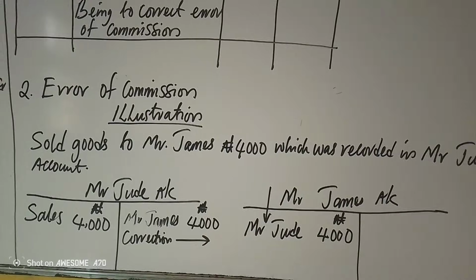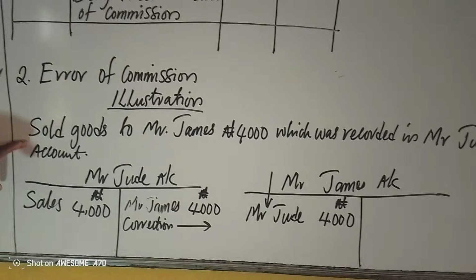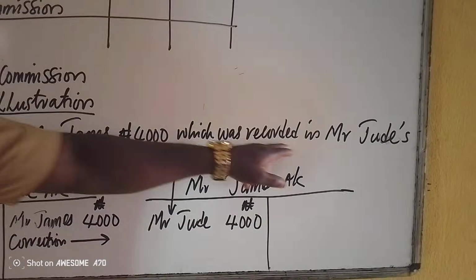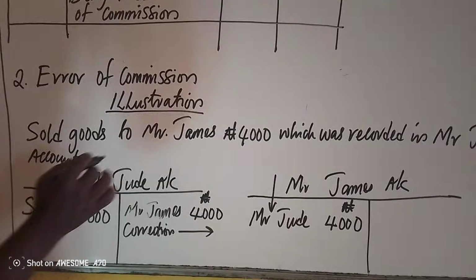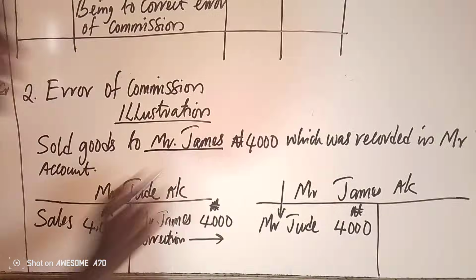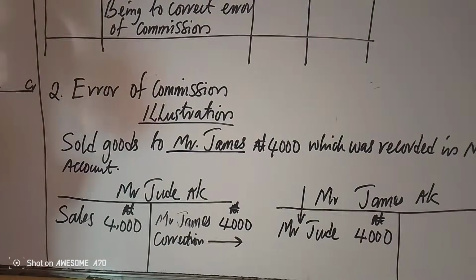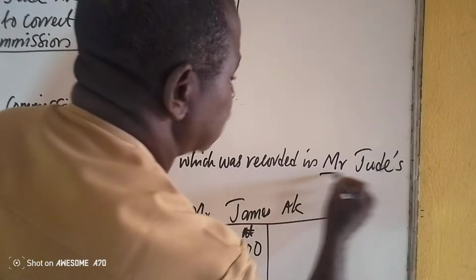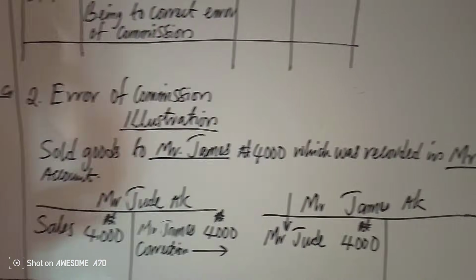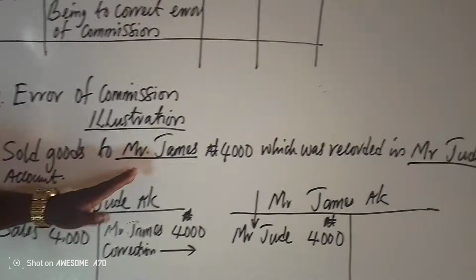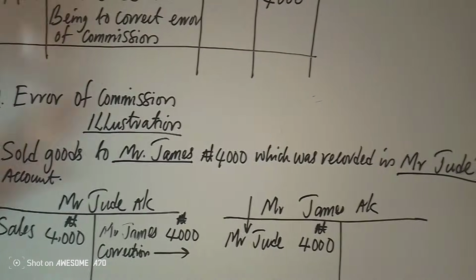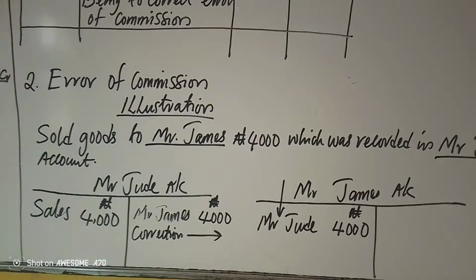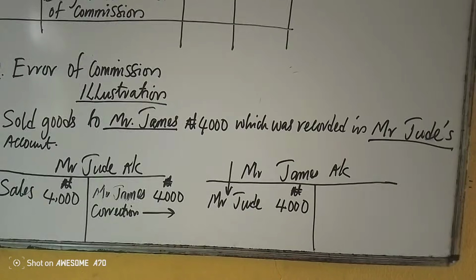So let's take an illustration. On a good day, sold goods to Mr. James, 4,000, which was recorded in Mr. Jude's account. Mr. James is a customer with a business, which you can call a debtor. Mr. Jude is also a customer. So both Mr. James and Mr. Jude are under what we call personal accounts, which are accounts of individuals, organizations, or businesses.